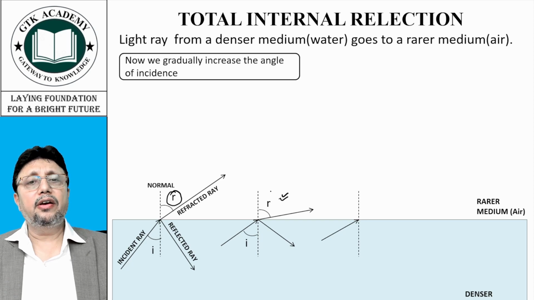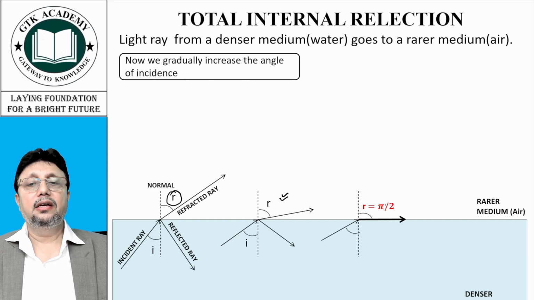And we keep on increasing till the angle of refraction reaches 90 degrees. That means this becomes 90 degrees, right? Slowly, we keep on increasing the angle of incidence. Here it was a bit less. Here we again increase it to such an extent that the angle of refraction becomes 90 degrees.